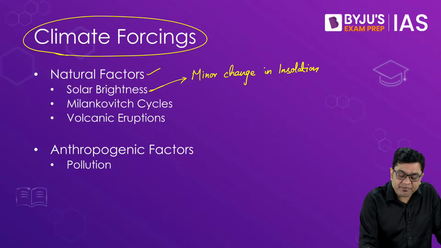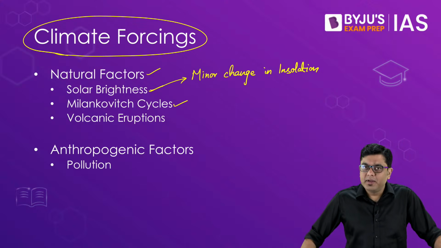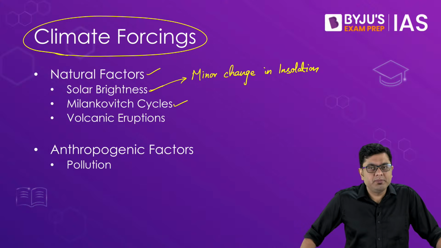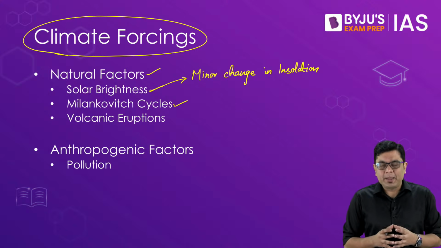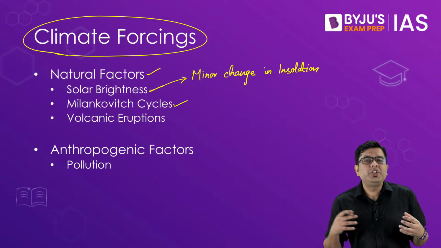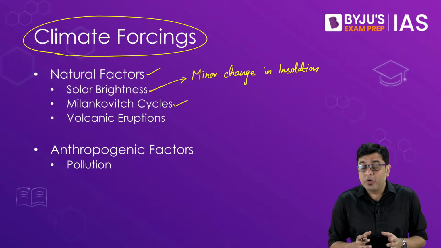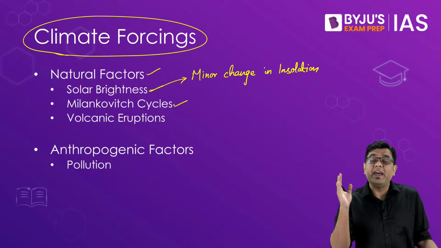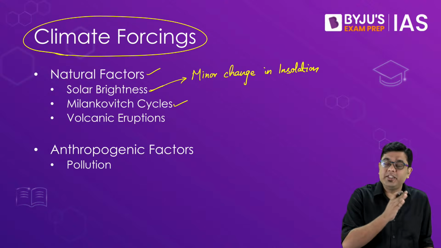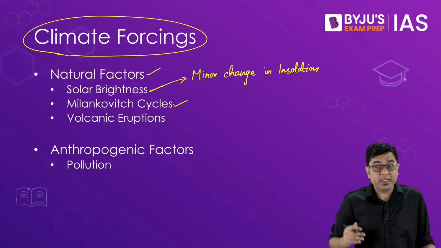Then we also have the Milankovitch cycles, postulated by Milutin Milankovitch, whereby he talked about the fact that the planet Earth changes its orbit from being completely circular to being elliptical over a long period of time. Even the axial tilt changes over a span of 41,000 years.